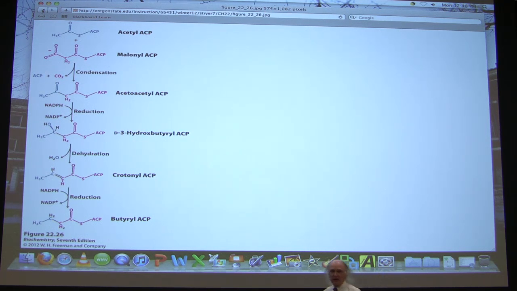We'd have to have another malonyl to start. So malonyl ACP will always be needed on every round of the synthesis cycle. And on every round, one of those carbons is going to get lost. The newest material in the fatty acid as it's being made will be the material closest to the ACP. The newest material will be on this end of the molecule. The oldest material will be on this end of the molecule.